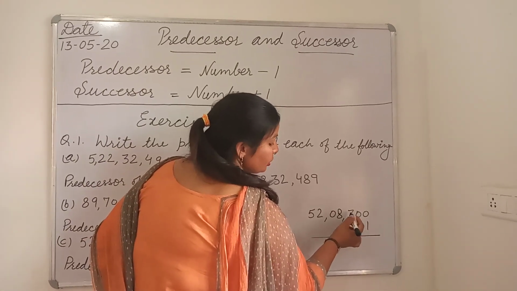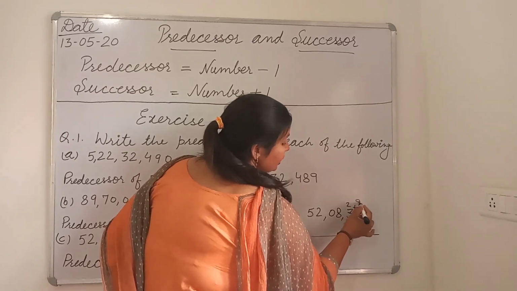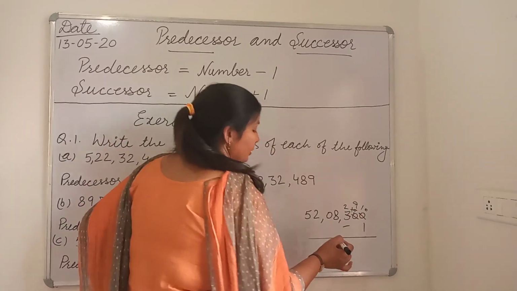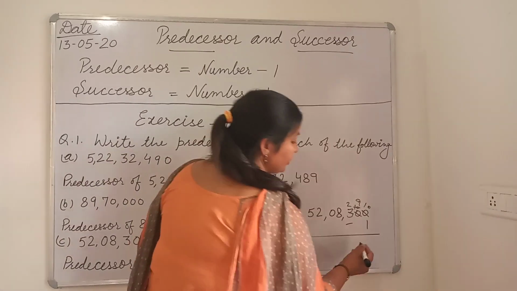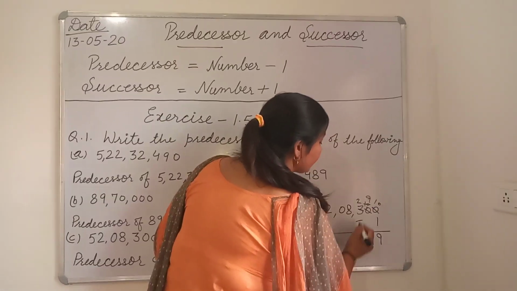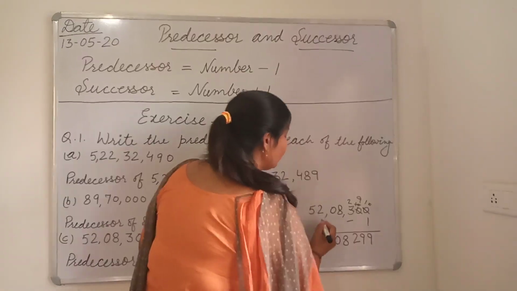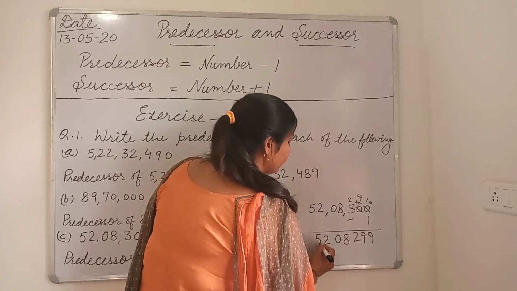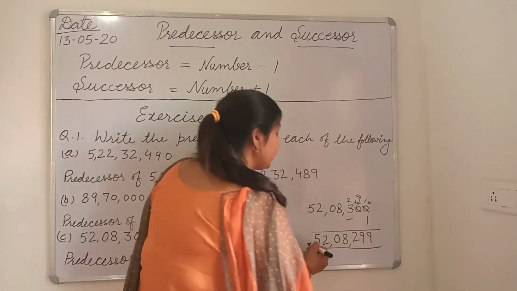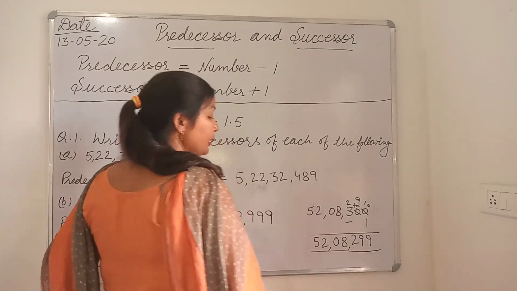The next is 0, so take from there. There will be 2. Now 10, 9, there is 10. Now 10 minus 1, 9. And there is 9, there is 2, there is 8, 0, 2, 5. It becomes 52 lakhs 8,299.